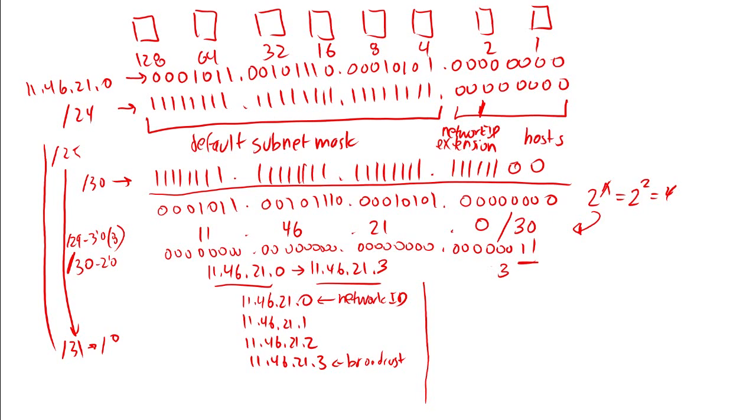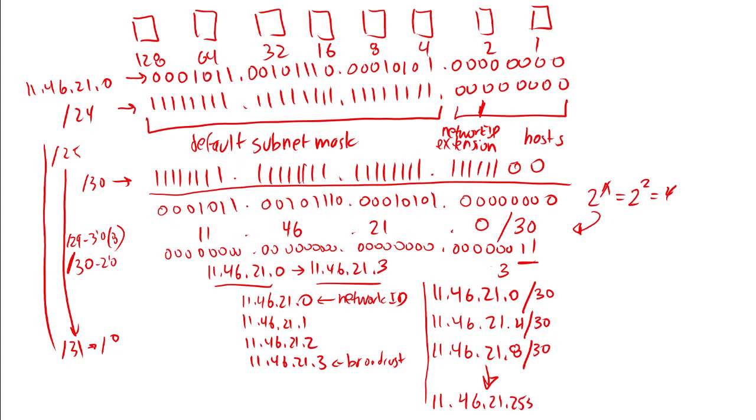My first network's 11.46.21.0/30. And I can go 11.46.21.4/30. And I can keep adding 4. So 21.8/30. And I can go on till my last network in the 21.255 is my last network.